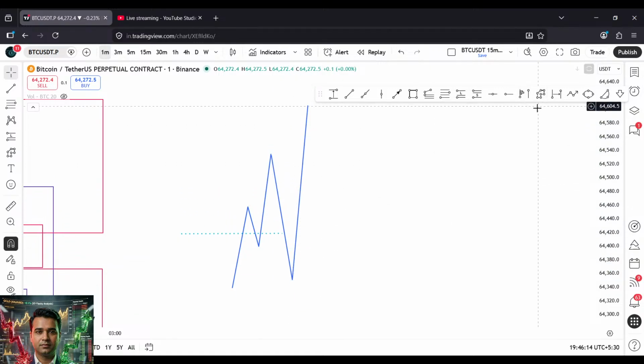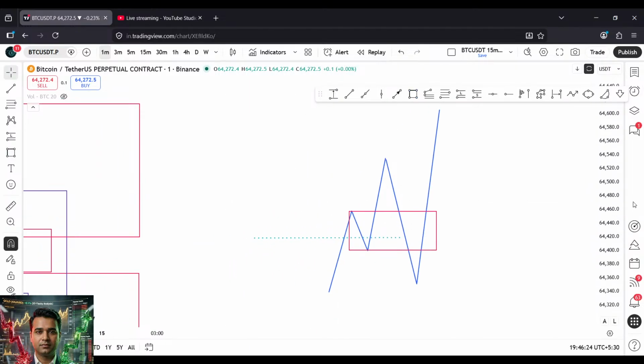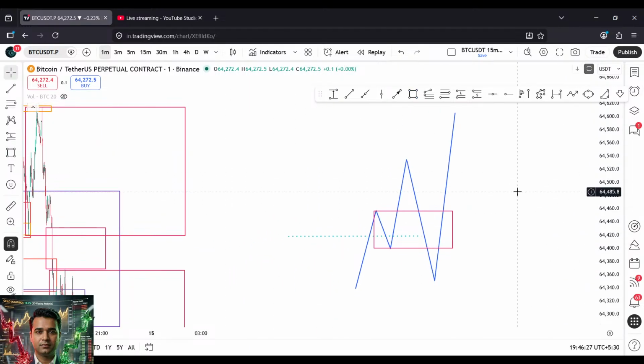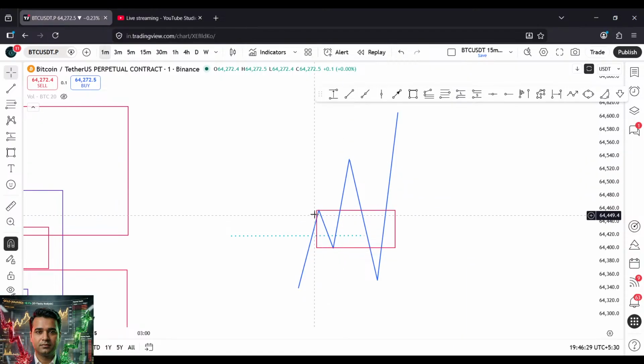So what we will do, we will draw a rectangle here and then try to find a swap every time price crosses this. So to the upside, first price crosses this, so there will be a swap like this.